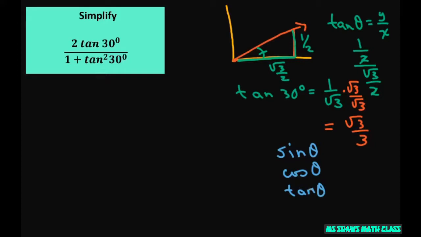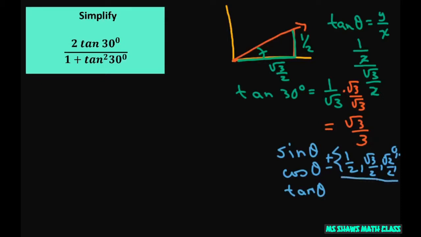The main ones for sine and cosine, plus and minus, are 1/2, square root of 3 divided by 2, square root of 2 divided by 2, and 0 and 1.